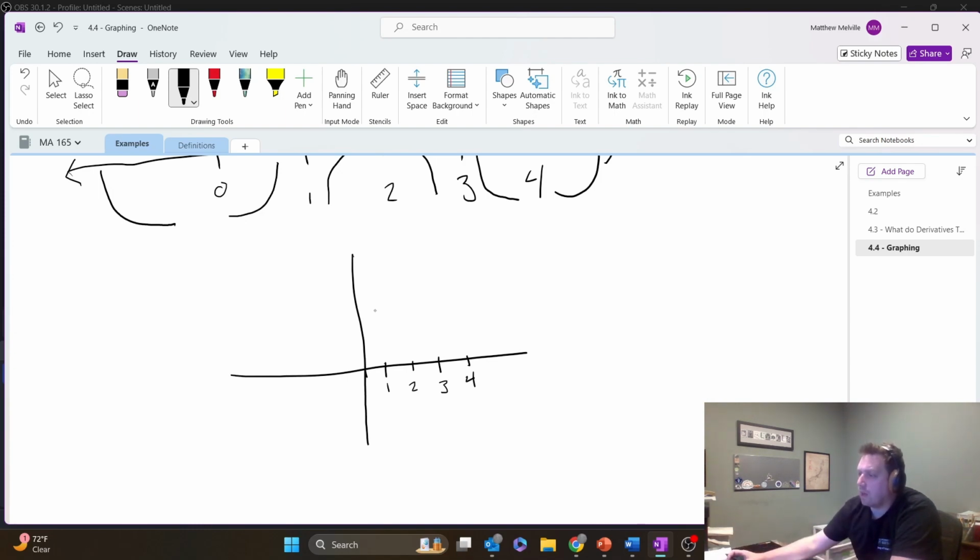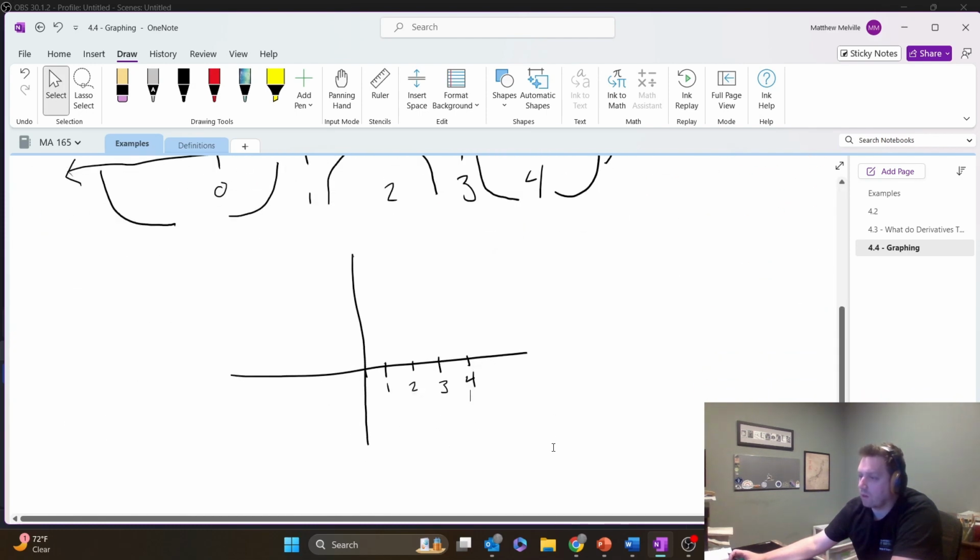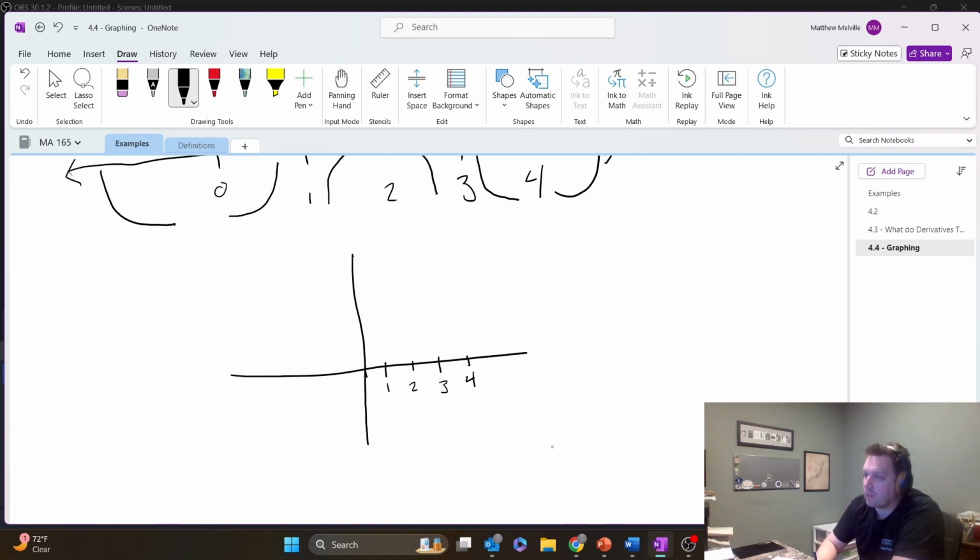So I know I'm going to have extrema at 0, 2, and 4. So it's going to be a minimum. So I can do something like this. A minimum at 0. Change my inflection. A maximum at 2. Change my inflection point. Minimum there.